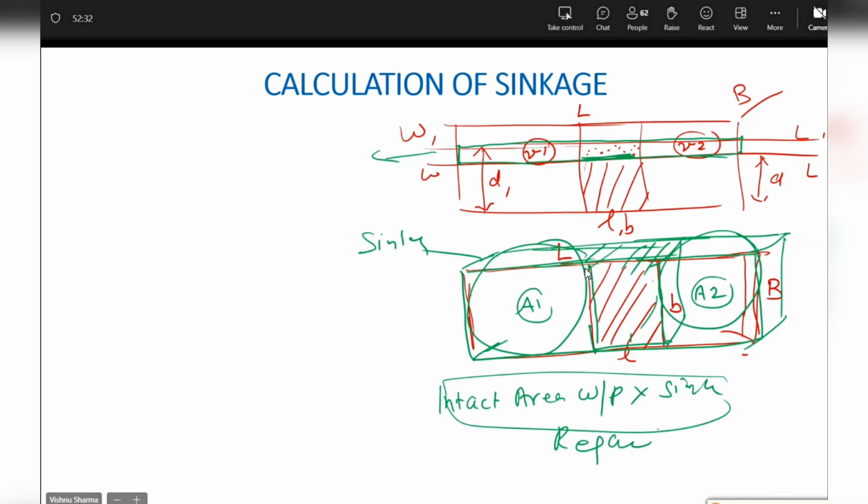Yes or no, beta? Guys, tell me. Will my regained buoyancy be equal to the intact area of the water plane multiplied by sinkage? Yes or no? Please, if you are not convinced, let me know.